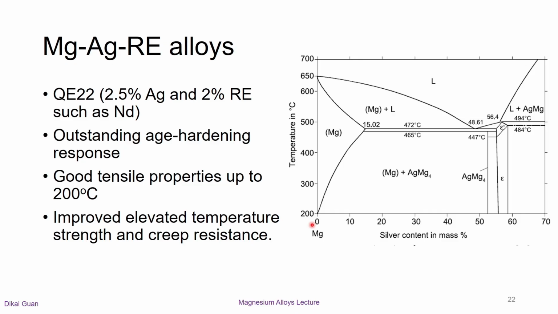However, the precipitation sequence in these alloys has not been clearly identified. Maximum age hardening and creep resistance are associated with the presence of nanoprecipitates in the microstructure.